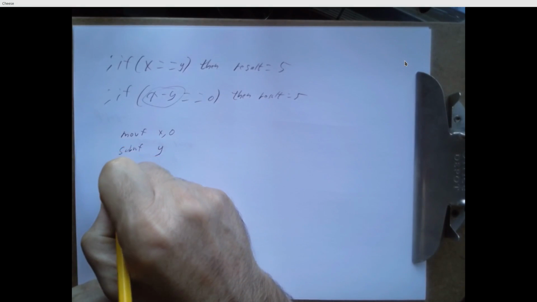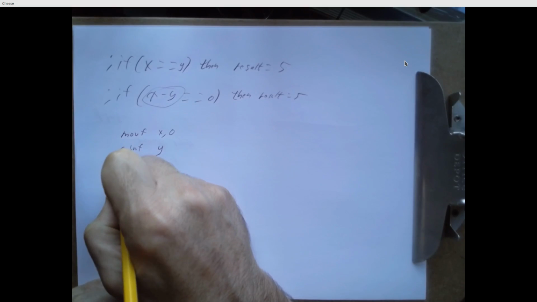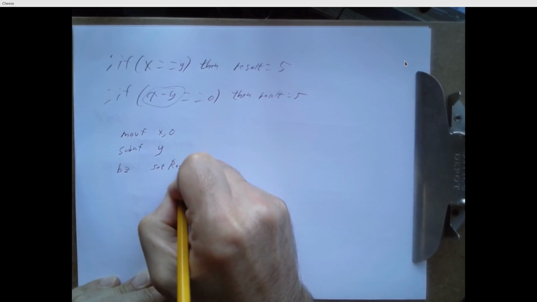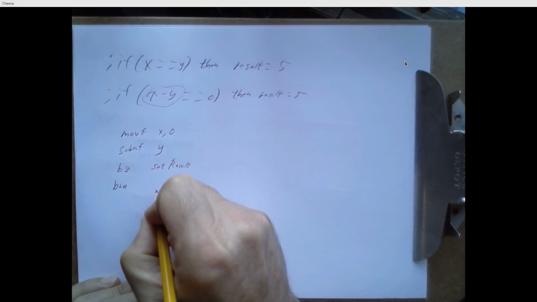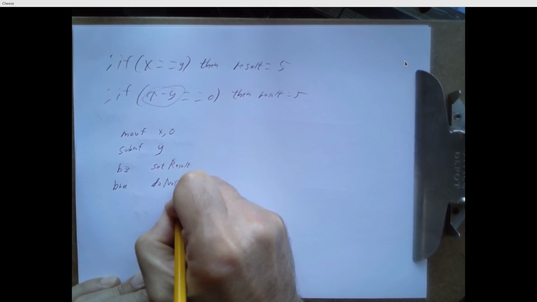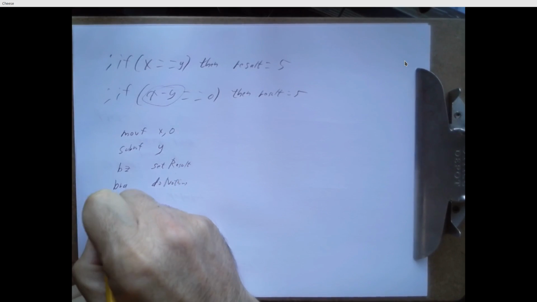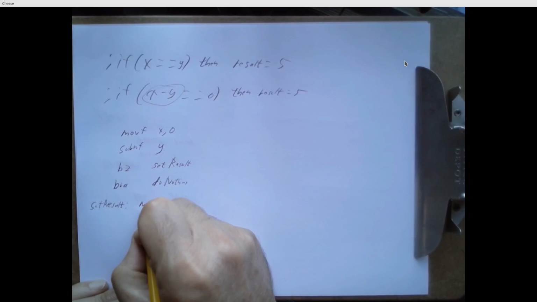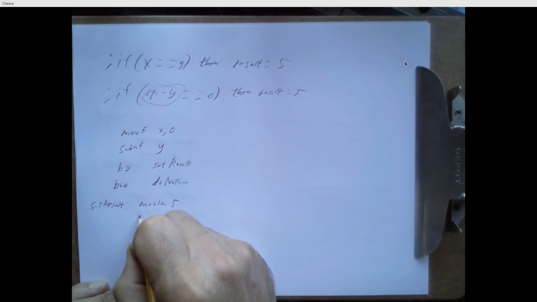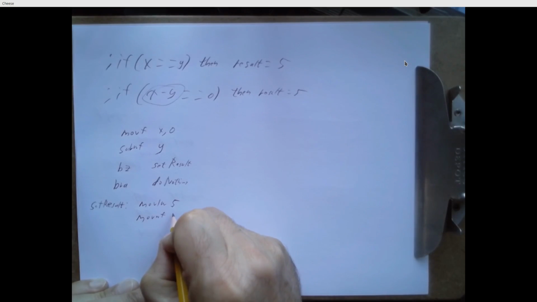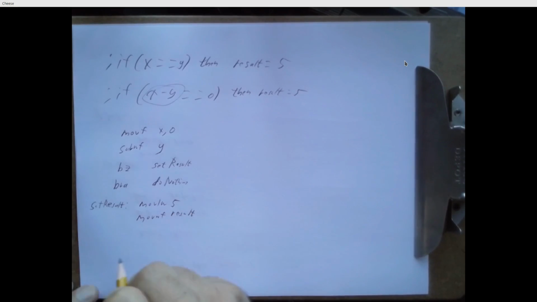So branch if 0, set result, otherwise branch to do nothing, and then set result. Let's set result equal to 5. So move a 5 into W, move W into f result, and then down here is our do nothing.